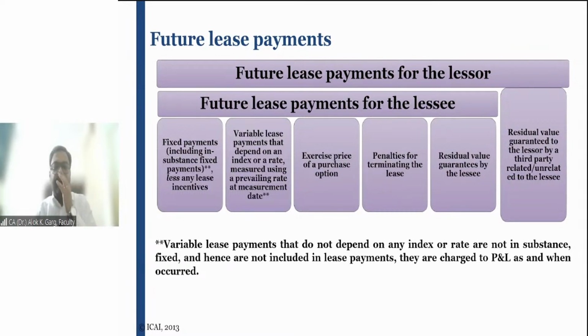Simple. Exercise price of a purchase option. Again, we discussed in the leases, sometimes there are purchase options. For example, the company has given its printer on a lease basis. Even in my company, there are some HP printers which the company has taken on a lease basis.